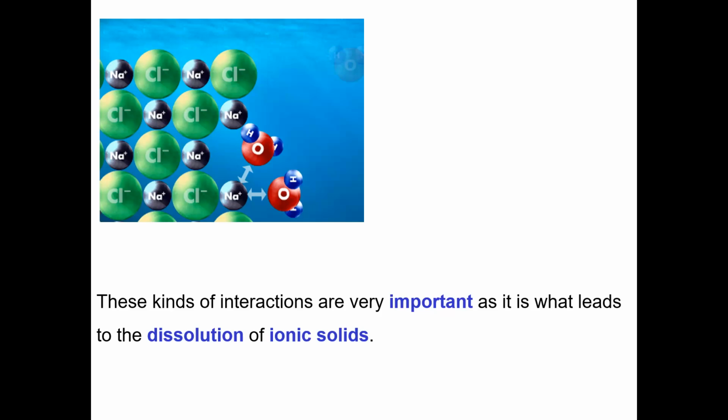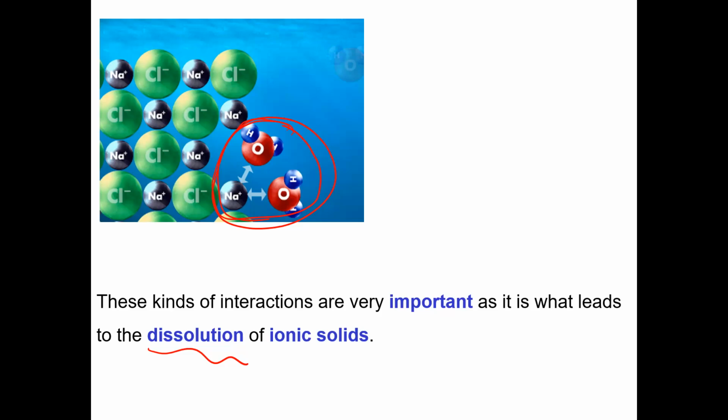Well, at the surface of the crystal, when it's placed in water, we get multiple ion-dipole interactions on our ions, and that pulls the ions into solution. So that kind of explains the process of dissolution. The dissolution happens as a result of the formation of multiple ion-dipole interactions that are able to overcome the ion-ion interactions that are holding the crystal together.